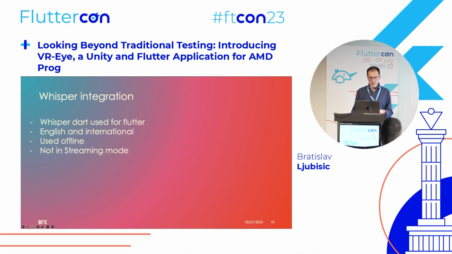So, Whisper integration. We are using a Whisper Dart package for that, and the Whisper C++ library that's available on GitHub. I will have the links later on. That's because Whisper is an OpenAI library, and it's only available as a Python library.